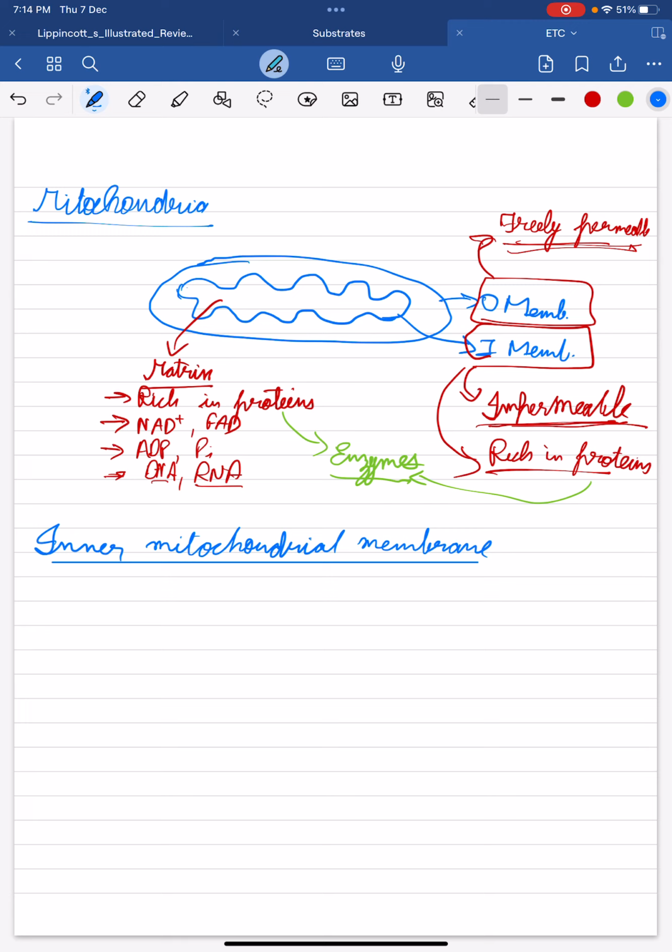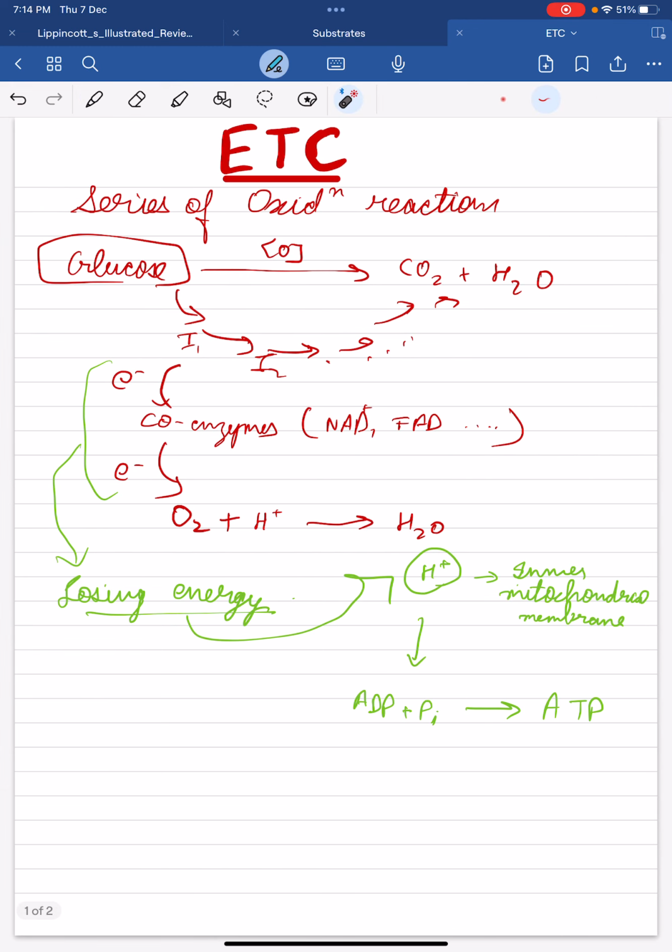So it actually contains 4 different complexes, which are very simply numbered: complex 1, 2, 3, and 4. What these do is they are involved in the transfer of electrons from the intermediates to oxygen.